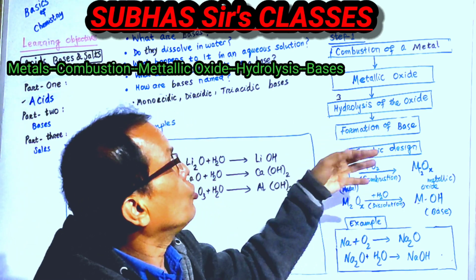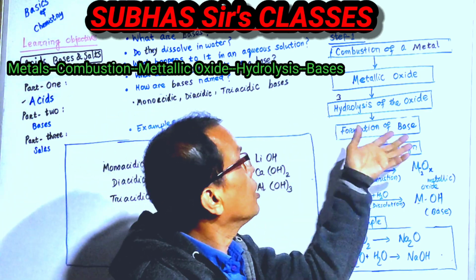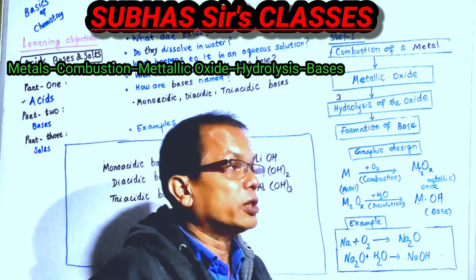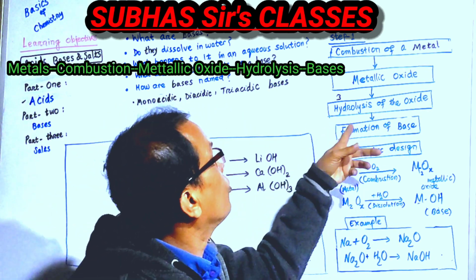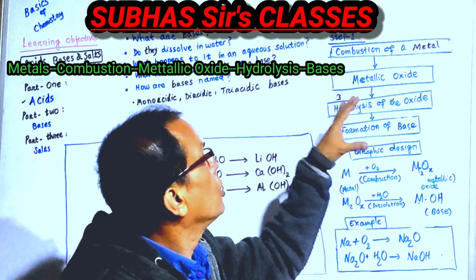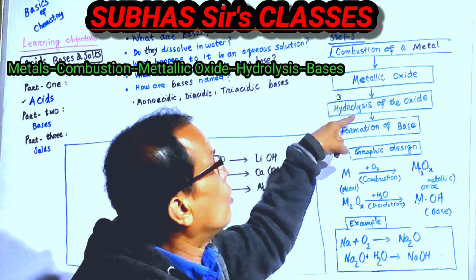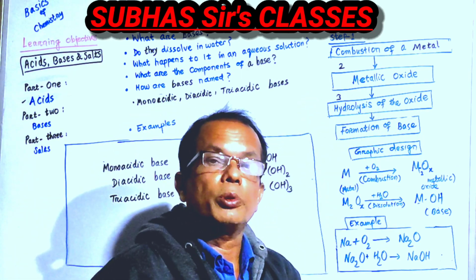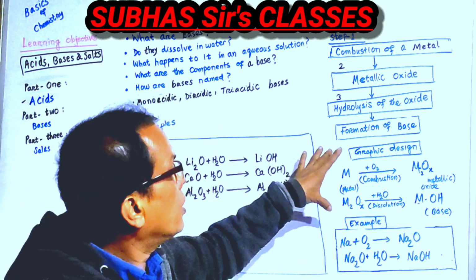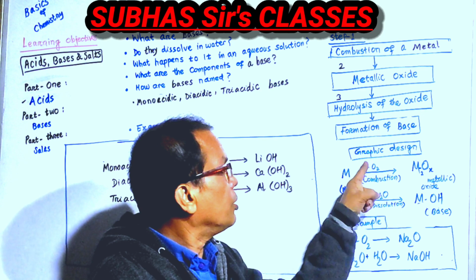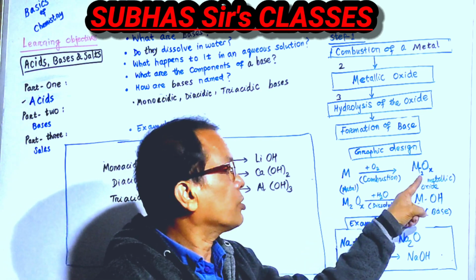When you add water to it or dissolve it in water, you have a hydrolysis and it forms a base. So a base is formed due to the hydrolysis of a metallic oxide, which is formed due to combustion of a metal. Simple.